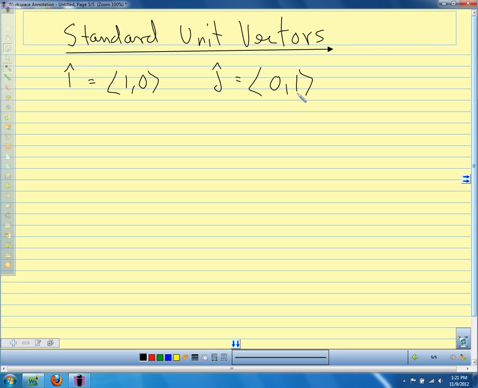So what we use a standard unit vector to do is, for example, if we have the vector 3, 5, we can write this as 3i plus 5j. This tells me I'm going 3 units in the x direction and 5 units in the y direction. So I can write any vector as a combination of some number times the standard unit vector in the x direction plus the standard unit vector in the y direction.